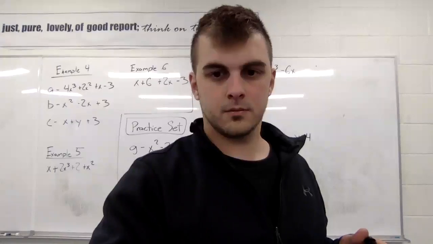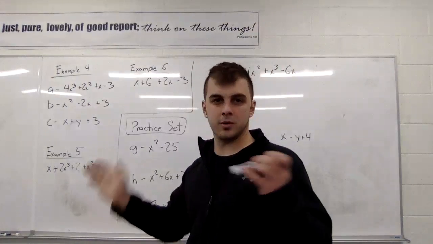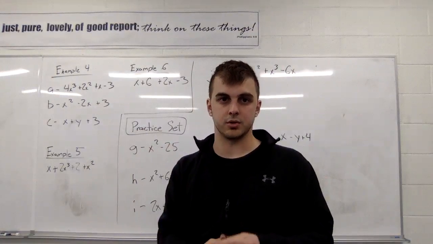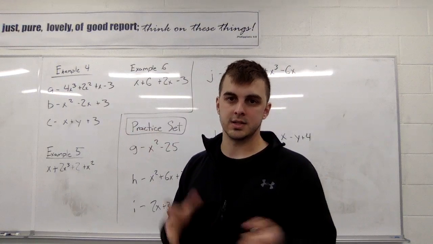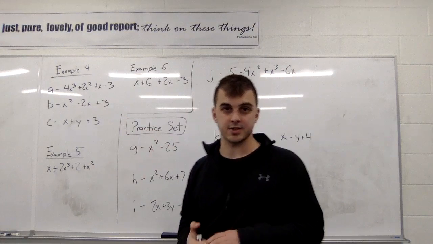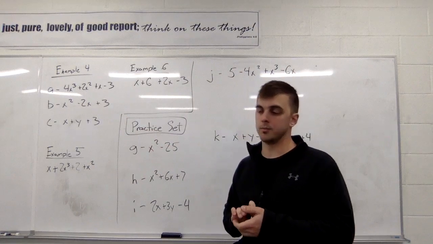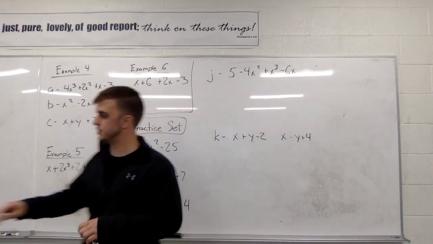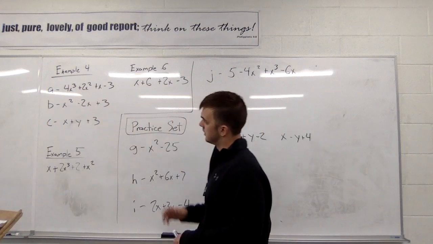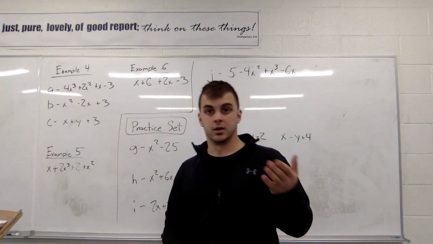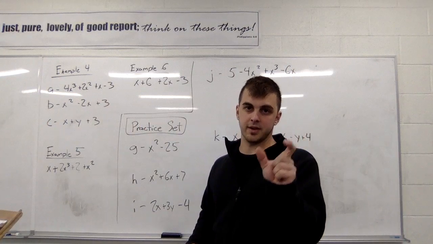Okay, back at it. So all that information that I just told you, we're going to look at this and see if you can see how that corresponds with problems then actually. So example 4, what they're asking is they want you to name the degree of each one. So how do you figure out degrees again? The way you figure out degrees is you look at the highest degree of any term.